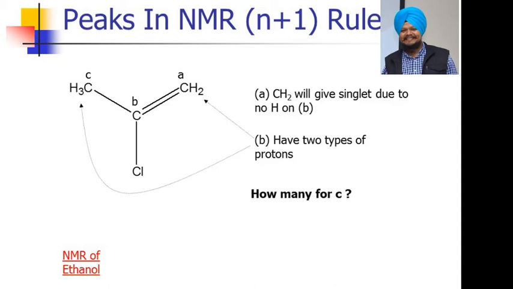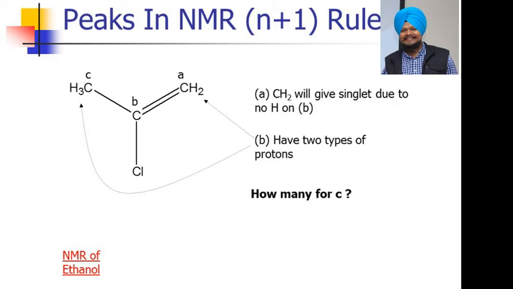N means the number of hydrogens present on the neighborhood. So for A, N is 0 plus 1, that means the 3 protons will have 1 signal.